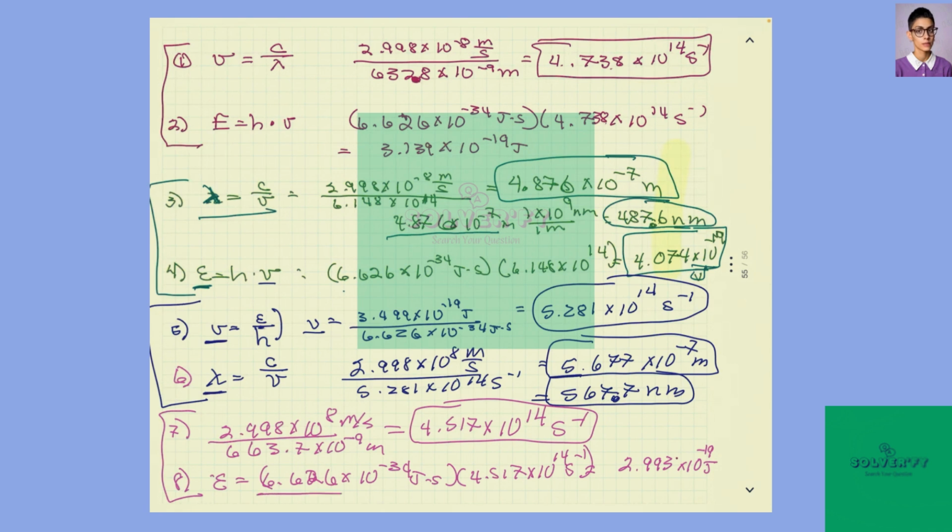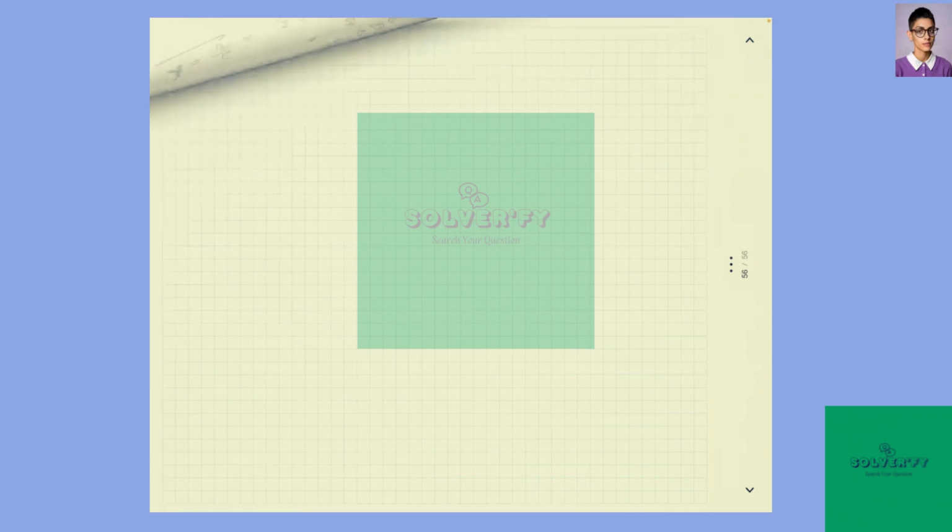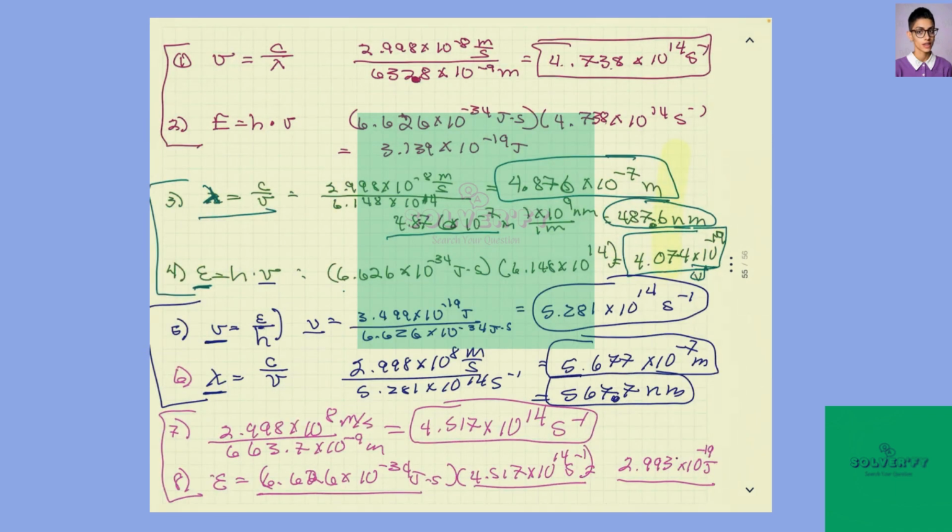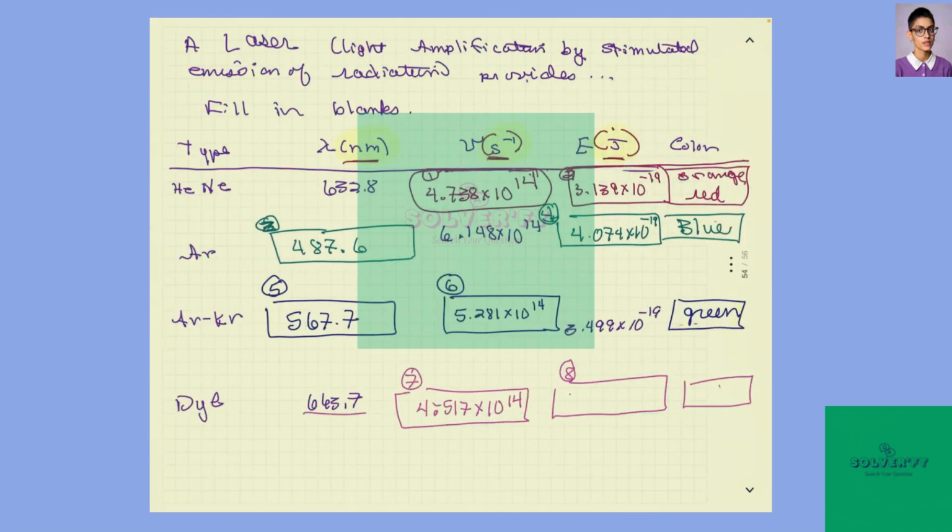Next, our energy will equal Planck's constant times our frequency. We get 2.993 times 10 to the minus 19th joules. And this will be a little bit more, this will be red. Okay, and that should be good.